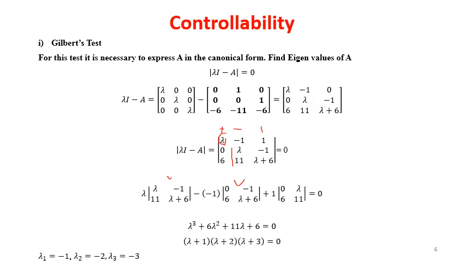Hence lambda 1 equals minus 1, the second value lambda 2 equals minus 2, and the third root lambda 3 equals minus 3.